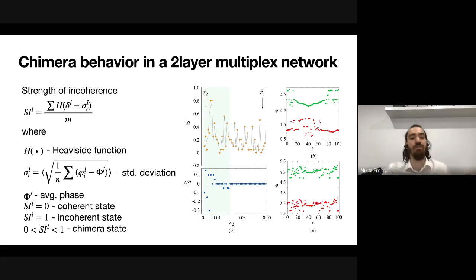Strength of incoherence equal to unity means that the layer is incoherent, and strength of incoherence between 0 and unity means that there is a chimera state in the layer. So we can see that increasing the interlayer coupling, the difference between the states of the networks vanishes, and both of them demonstrate the same type of behavior.